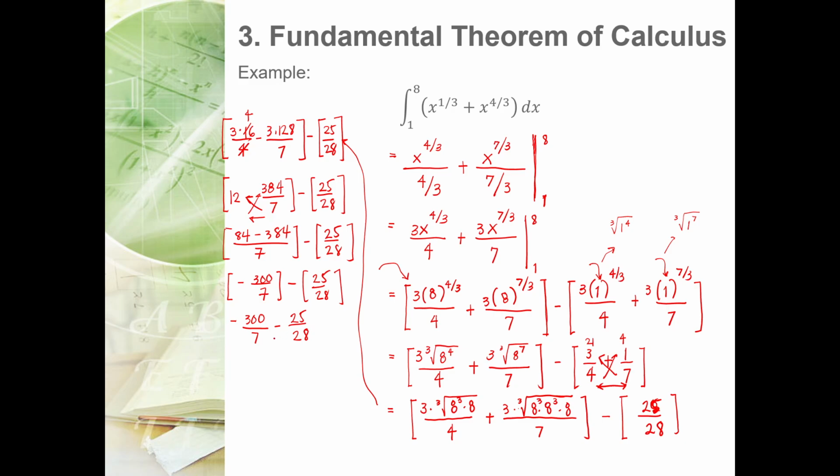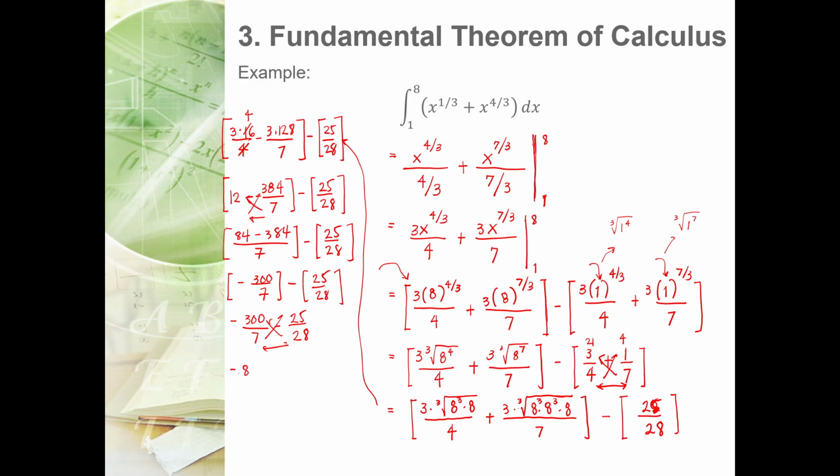This time we're going to cross multiply again. So 300 times 28, I'll just use the calculator as of now so that we won't be wasting time.